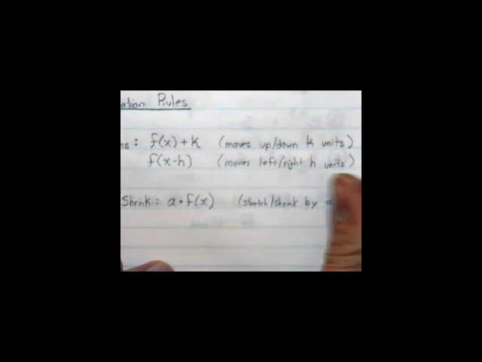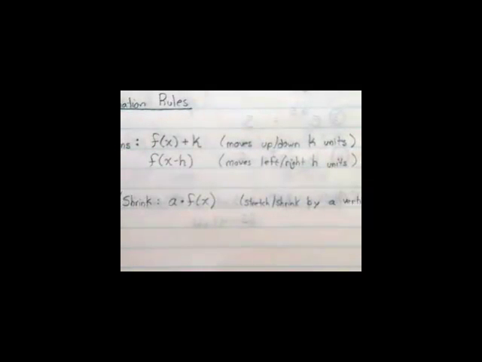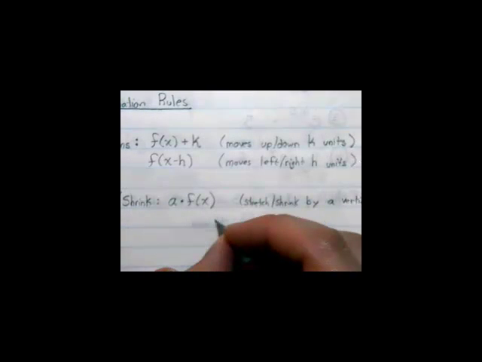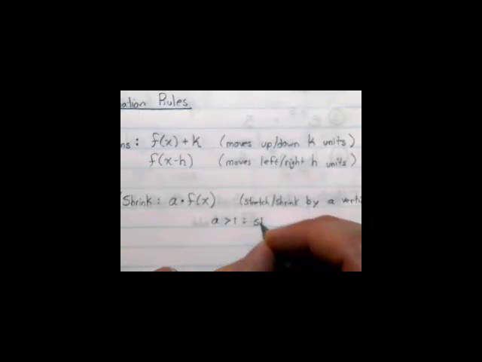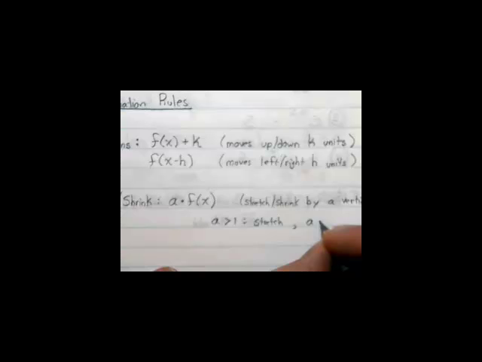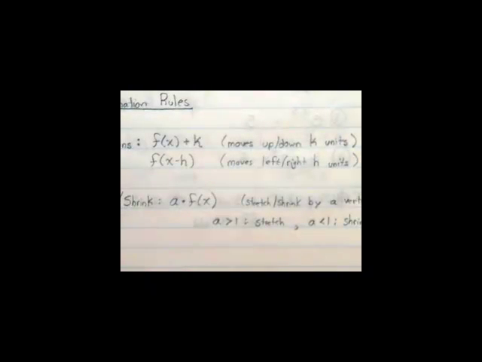This is the one that works the way that you think it should. If a is bigger than 1, it stretches it. If a is less than 1, it shrinks it down. You guys all remember that? Doing the stretches and shrinks with that.